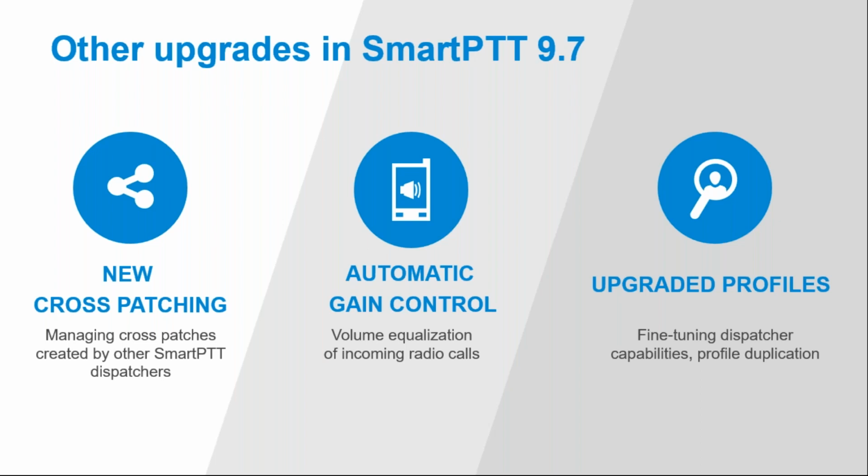Next is automatic gain control. SmartPTT now supports the well-known feature AGC. For example, in some Windows or other OS or different applications, it's a known feature, and now it's applicable for incoming calls from radios addressed to other radios or dispatchers.